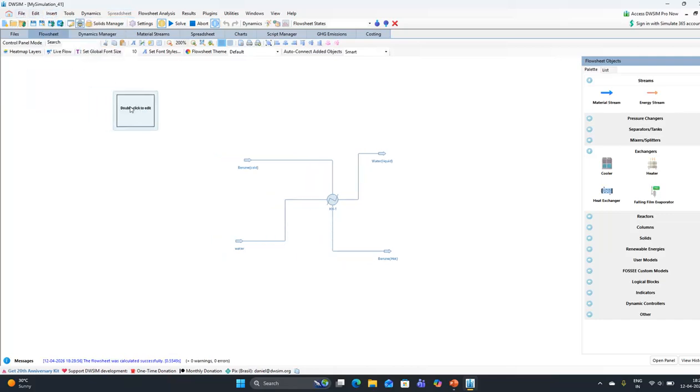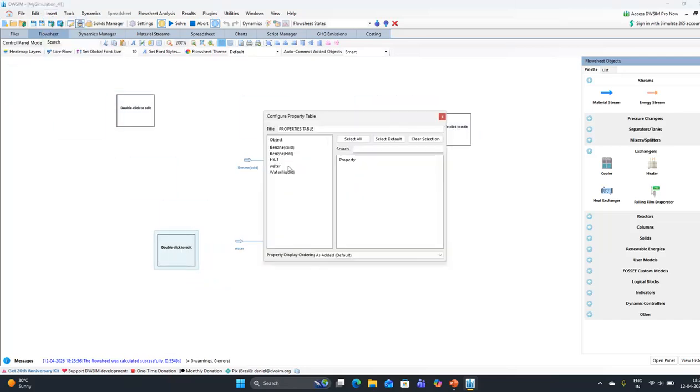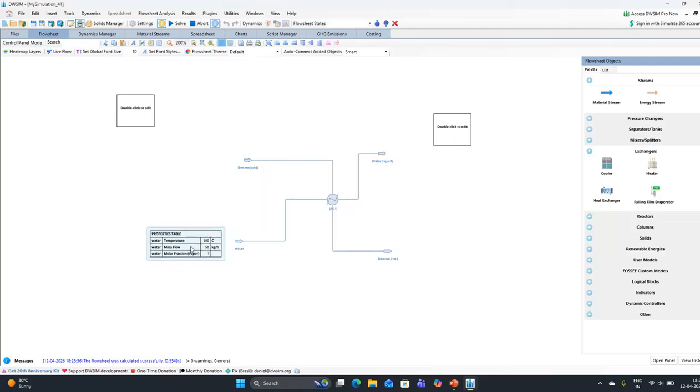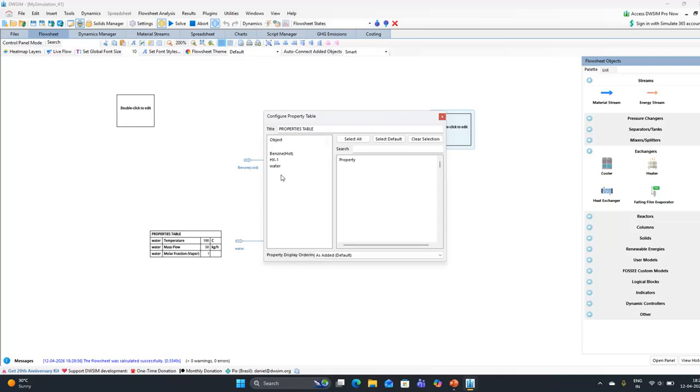So now you can do these kinds of things, but let me first add things like a property table so that we can analyze what is going on. First I will add water, temperature, mass flow, and molar fraction vapor. You can see it is almost vapor only. I will add water liquid, temperature, mass flow, molar fraction vapor.